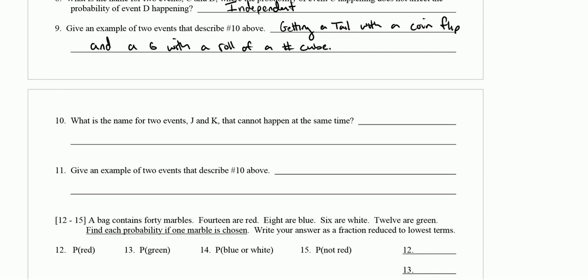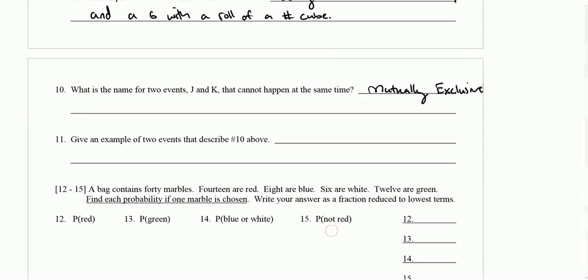What is the name for 2 events J and K that cannot happen at the same time? Mutually exclusive. Give an example of 2 events that describe number 10 above, so mutually exclusive.